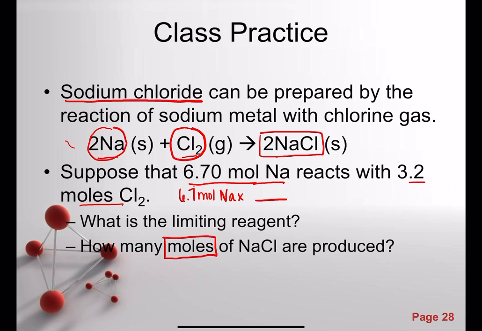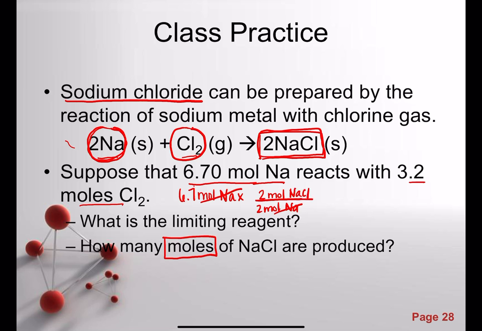So if we look at our mole ratio, we have 2 moles of sodium. So I'm going to write 2 moles of sodium so that I can cross out those moles of sodium here. It is going to make 2 moles of NaCl. That's what we're trying to find out. NaCl is what it's asking us about.